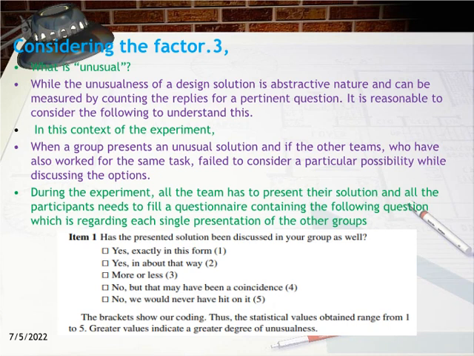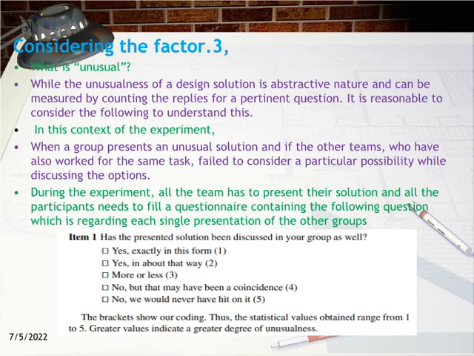During the experiment, all the teams have to present their solutions and all the participants need to fill in a questionnaire containing the following question regarding each single presentation of the other groups. See the figure for item number 1. Item 1: Has the presented solution been discussed in your group as well?